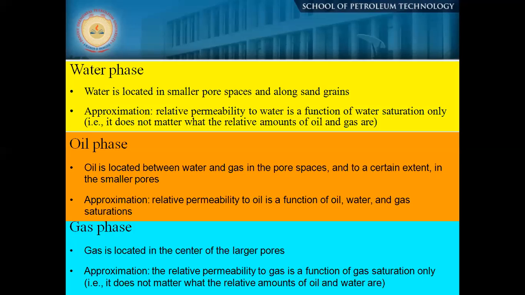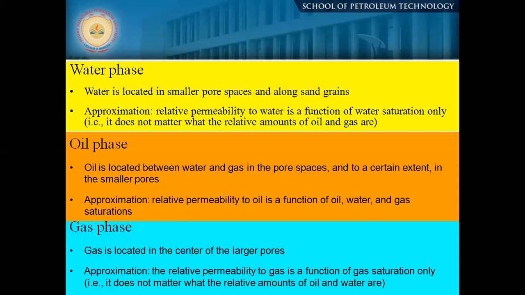So that's why, when we discuss permeability, the relative permeability of water is a function of water saturation only. Gas permeability is a function of only gas saturation, whereas oil permeability is a function of all three, oil, water and gas saturations, because it is in between.